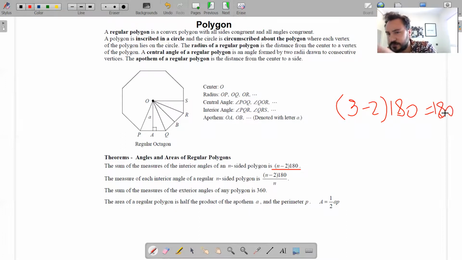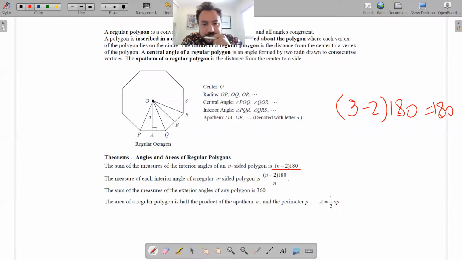And we knew that. You can do it with a square or a rectangle. This one will be 4 minus 2, 2 times 180, 360, and so on. So this is a standard formula. And then if you want to find the measurement of each angle, you just divide it by the number of angles, that is, the number of sides.